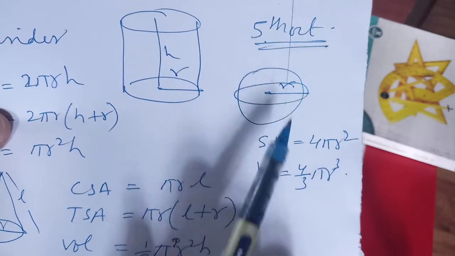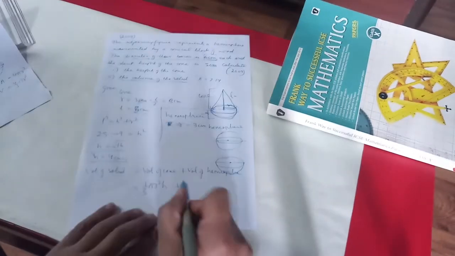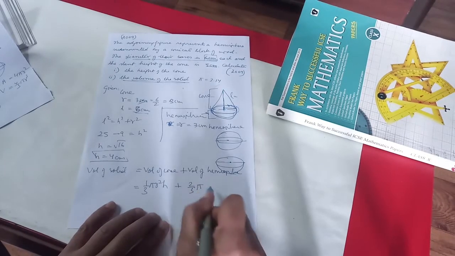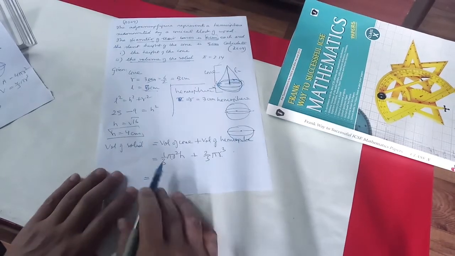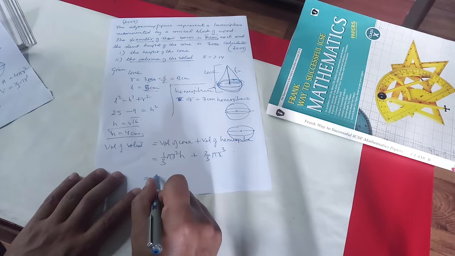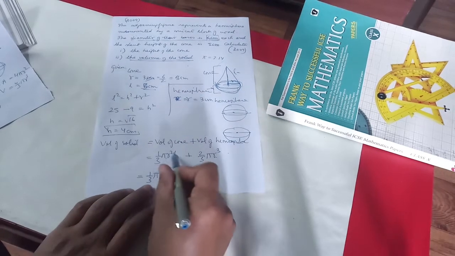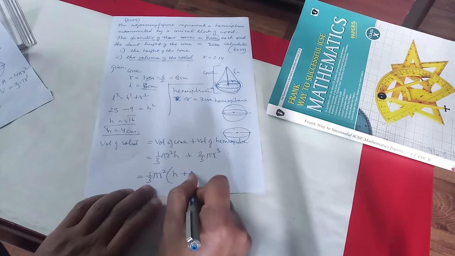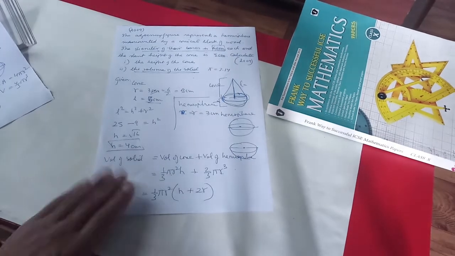But since it is not a sphere, it is a hemisphere, it will be 2/3, half. So volume is 2/3 pi r cube. Since both the radii are the same, you can solve this by taking 1/3 pi r square common. So here you will have h plus here you will have 2r. I have taken the common here.